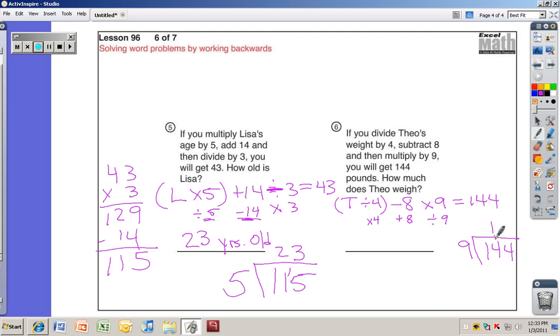That's a remainder of 5. And 9 goes into 54 6 times. So I'm at the number 16, and then I have to add 8. 16 plus 8 is 24. And then I have to multiply 24 by 4 to get my final answer. 4 times 4 is 16. 2 times 4 is 8, plus 1 is 9. Theo weighs 96 pounds.